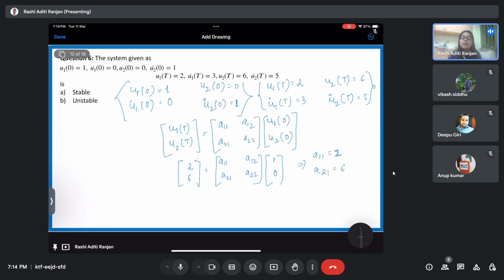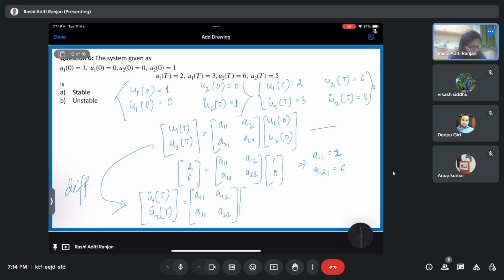Coming to the second equation, we differentiate this equation with respect to time: u1 dot at t, u2 dot at t. Also, A11, A12 are not going to get differentiated, because they are constant values that have been multiplied with u10, u20 and so on.